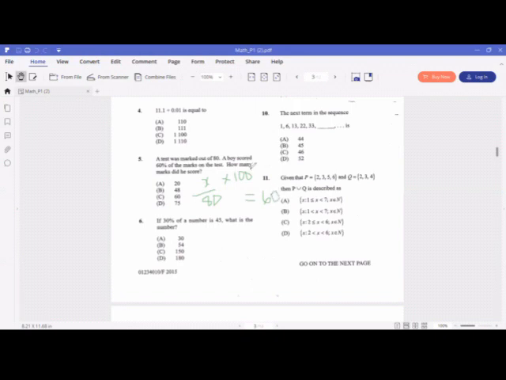Now I can simplify this part of the equation. I can say 100 times x gives me 100x over 80 is equal to 60.